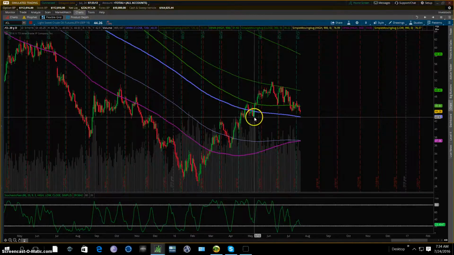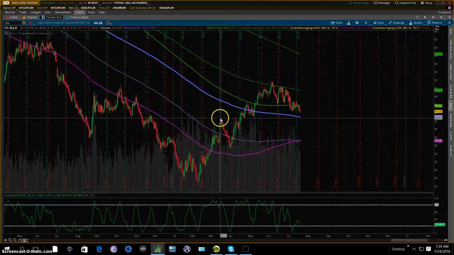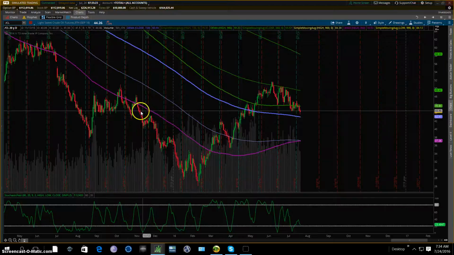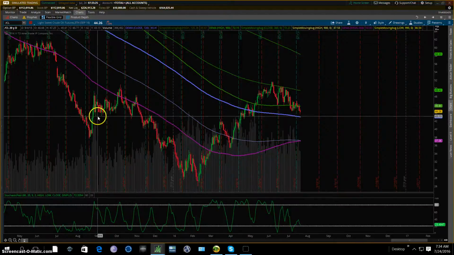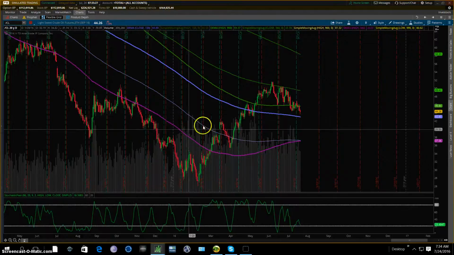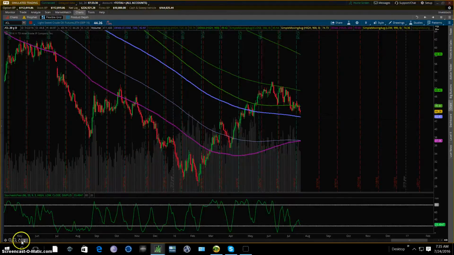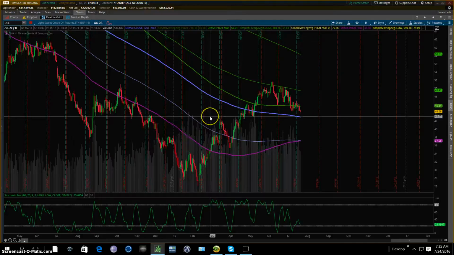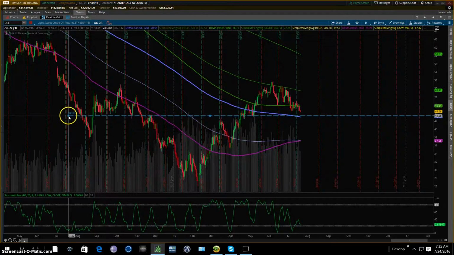It also would line up with this demand level down here. It also lines up with the supply level down here, kind of a support resistance level, support resistance level, support resistance level. So if I were to put a price level down, I'd probably put it right about there.